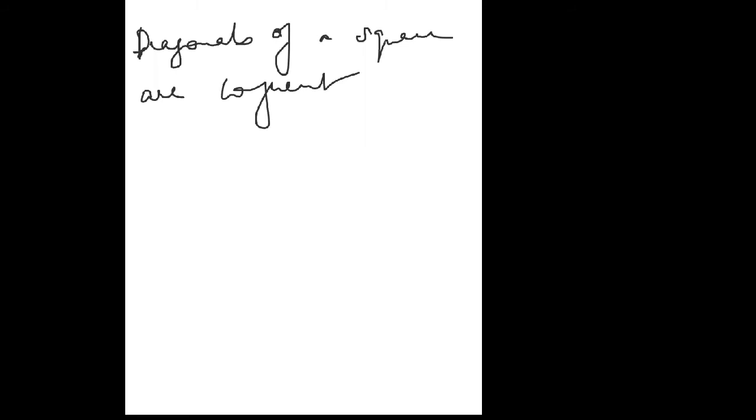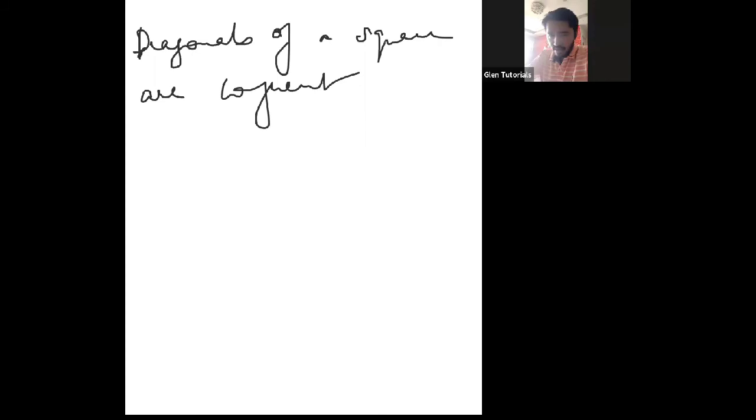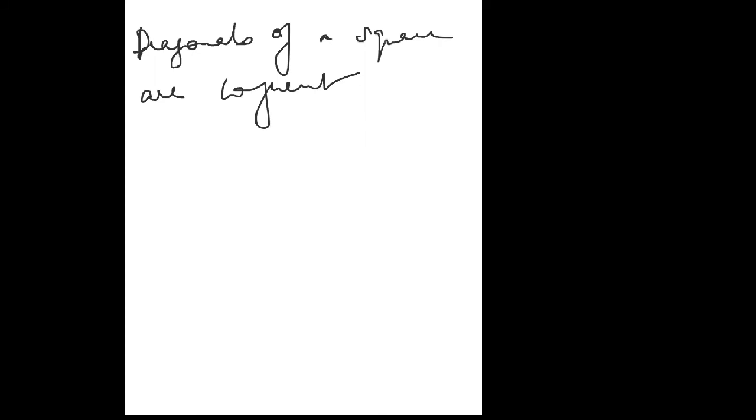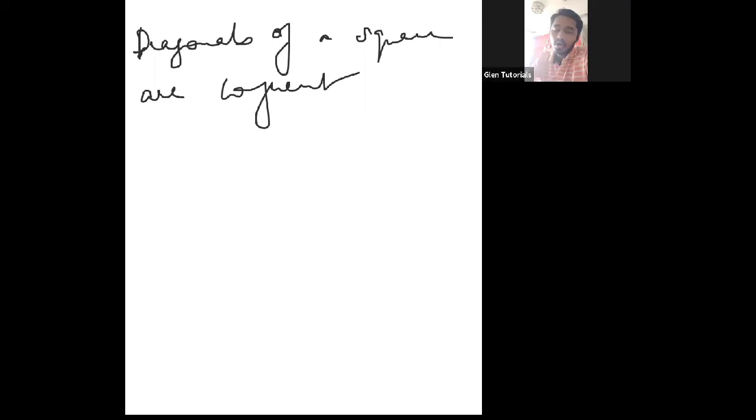So can I tell? Yes. Yes, Joel, continue. If diagonals of a quadrilateral are congruent, then that quadrilateral is called a square. Superb. Or if a quadrilateral has its diagonals congruent, then that quadrilateral is called as a square. Okay, let me write it. Tell me what you said, Joel, again.